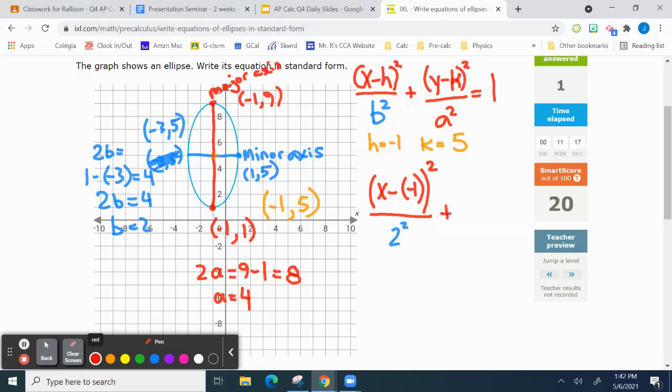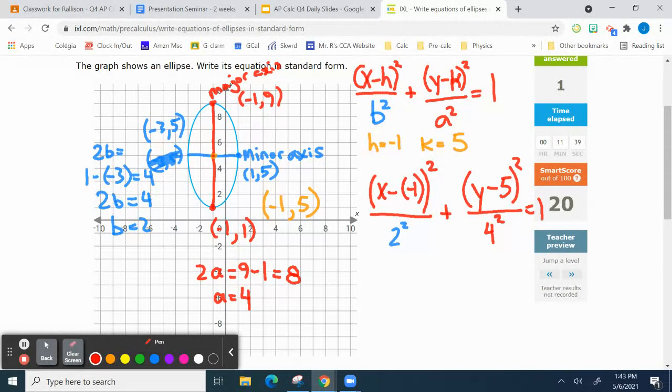Plus y minus, and our k is actually 5. It's not negative, so we don't have to worry about that. 5 over, and then what's our a squared? a is 4, so 4 squared.